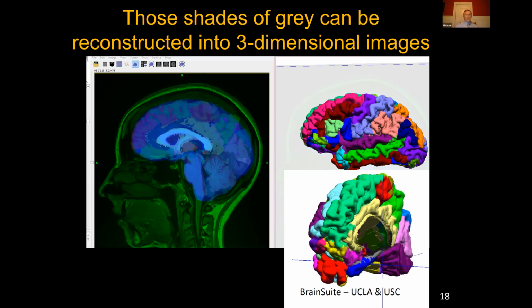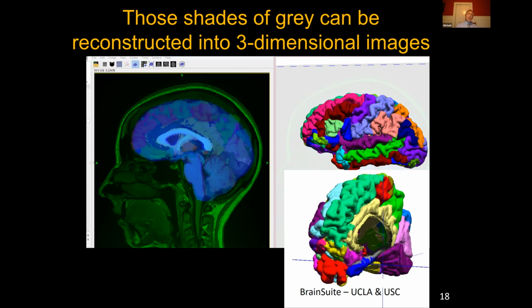So on the left side, you're seeing one of our research subjects, and that's their structural scan. And on the right side, we've actually been able to extract the brain from that person in the MRI and then reconstitute it. And this is with some software that's available through UCLA. What the software does is it will reconstruct it, and then it overlays a neuroanatomical map.